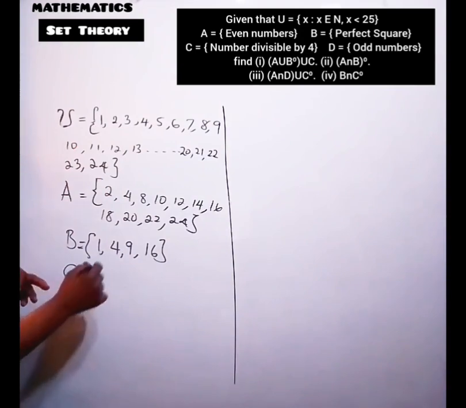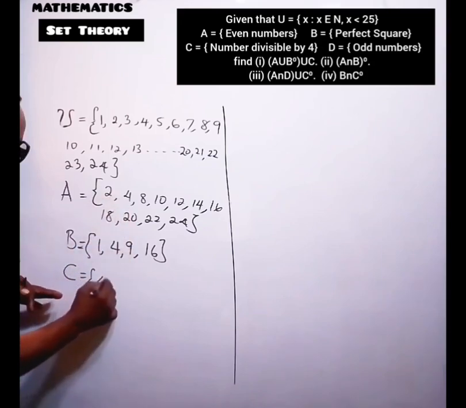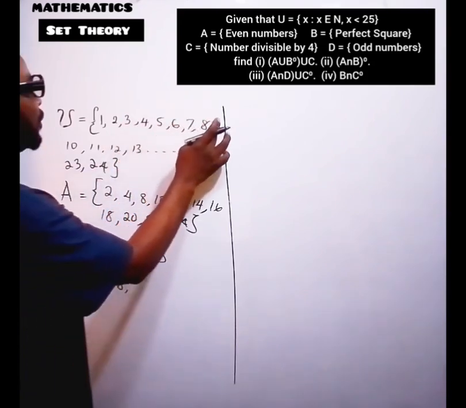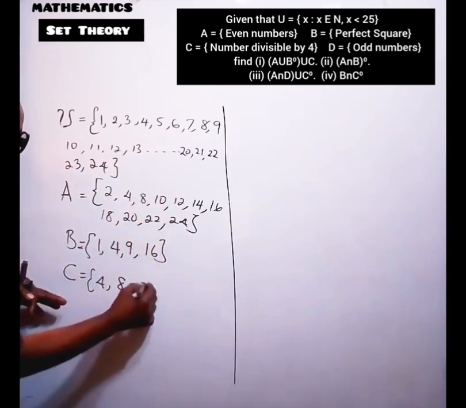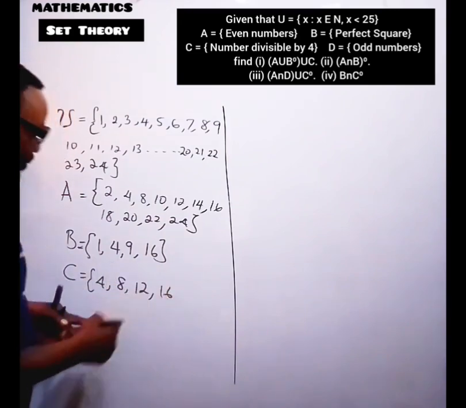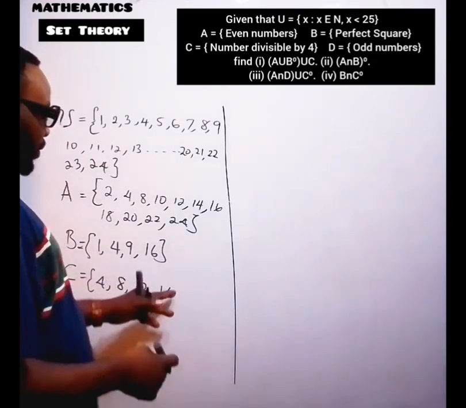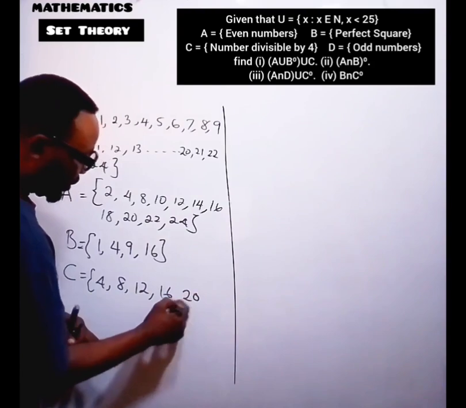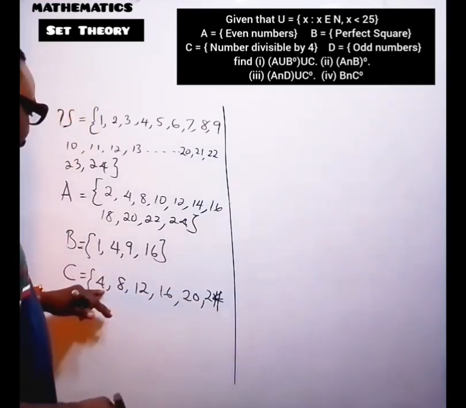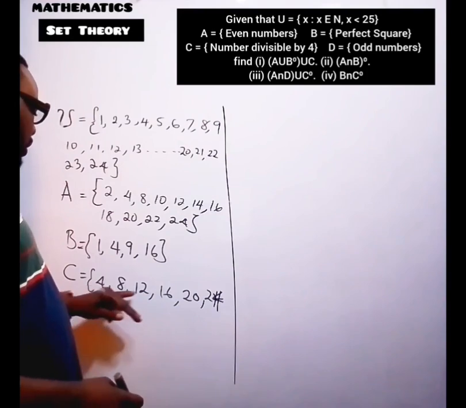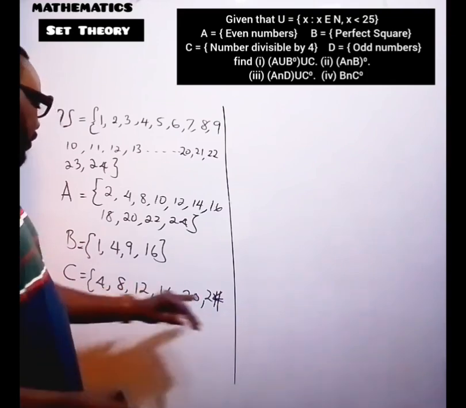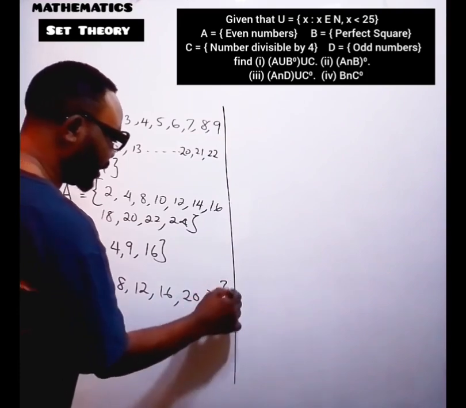So the numbers divisible by 4 will be 4 itself, 8, 12, 16, 20, 24. Let's check it: 8 divided by 4 is 2, 12 divided by 4 is 3, 16 divided by 4 is 4, 20 divided by 4 is 5, 24 divided by 4 is 6. So it must be in that order, the answer we must get.